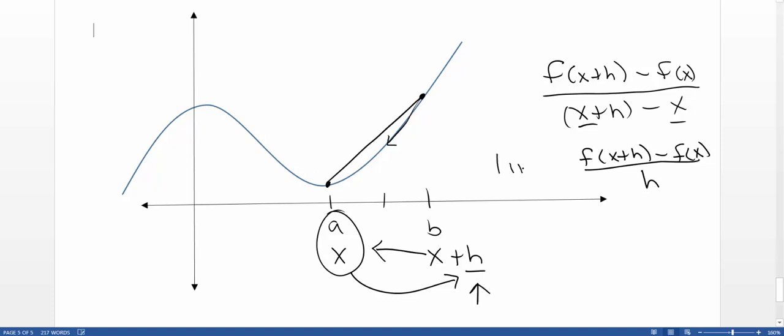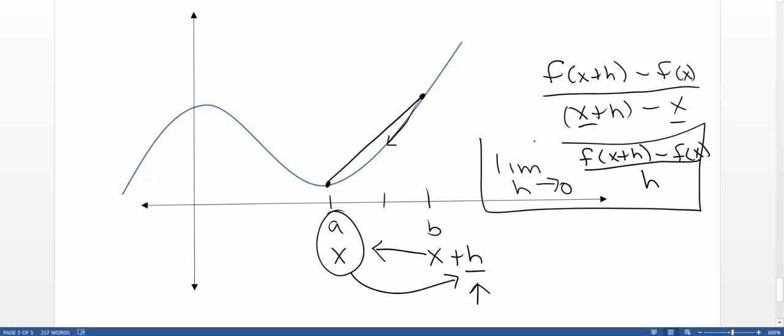And the way we represent something getting really small is by introducing a limit. So we say the limit as h goes to 0, so that means that our average rates of change are getting closer and closer to x, gives us the derivative at that point, or the instantaneous rate of change.